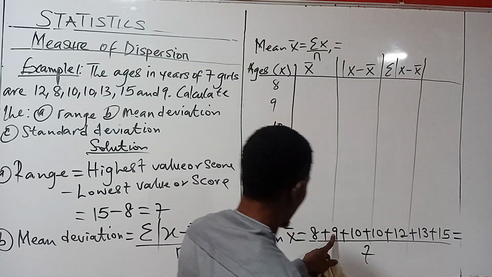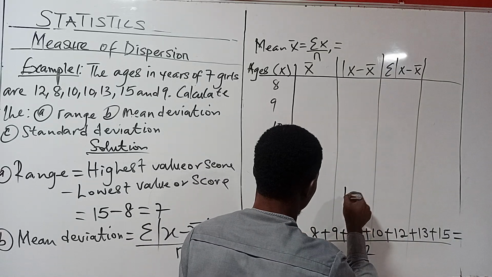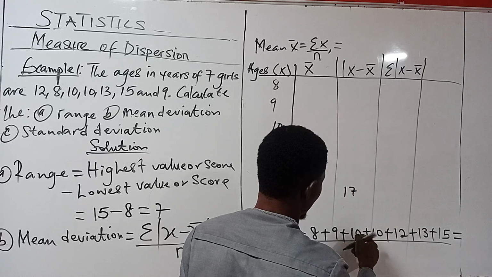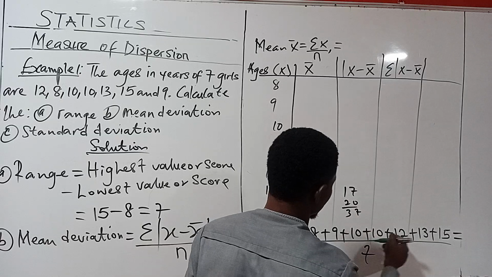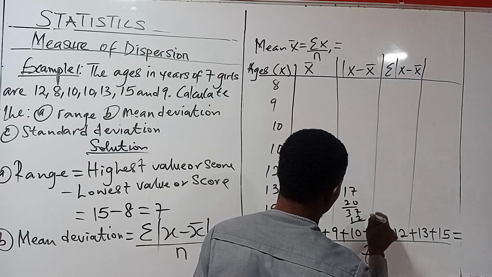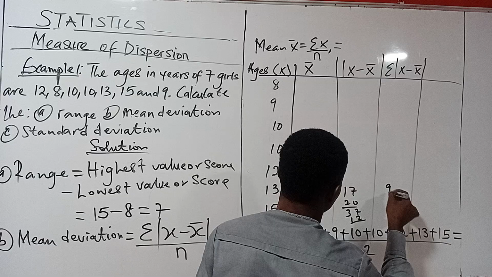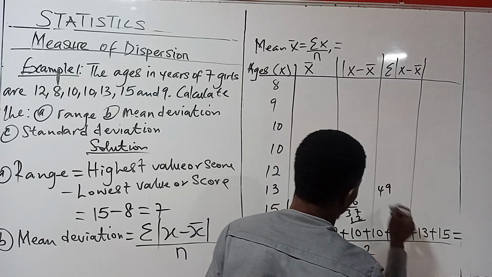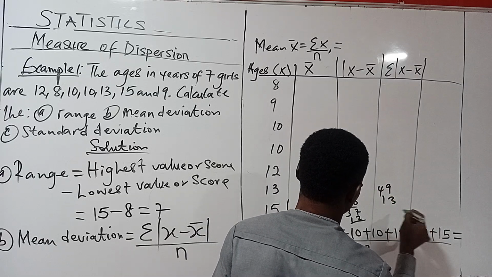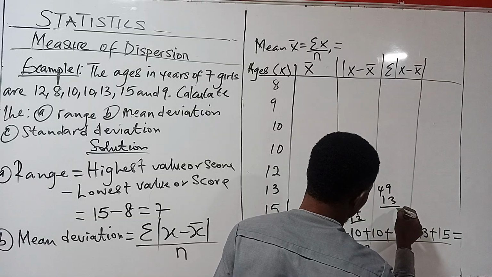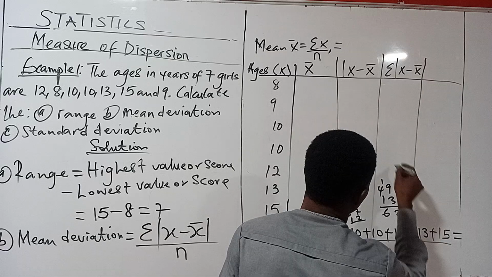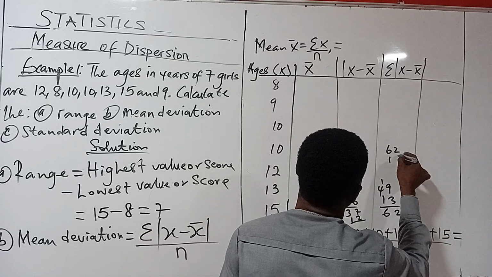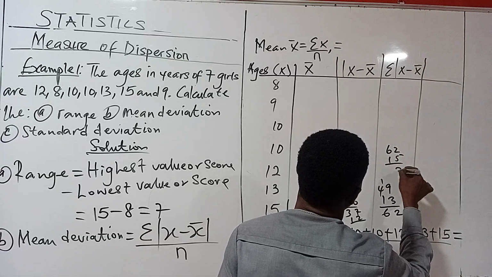Now let's add them together and see what we are going to have. 8 plus 9 is 17. Then plus 20 gives us 37. Then plus 12 gives us 49. Plus 13 gives us 62, then plus 15, we have 77.